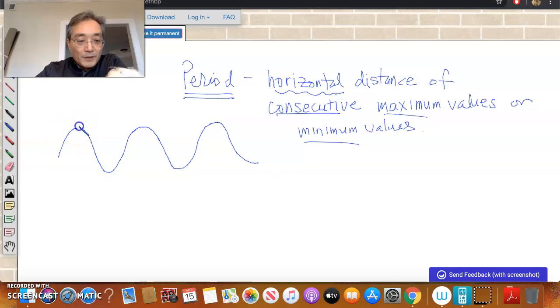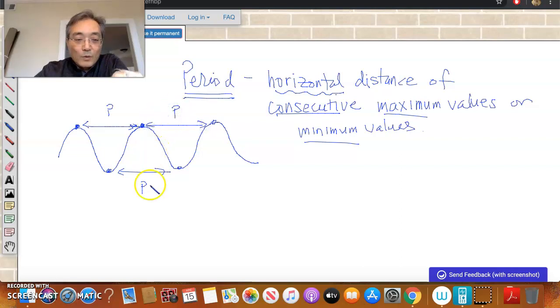So from here to here, this horizontal distance, that is a period. Okay, that's one period. Or this distance from here to here. That is the same horizontal distance, okay? And we can keep going, right? That could be another distance from here to here, etc., etc.